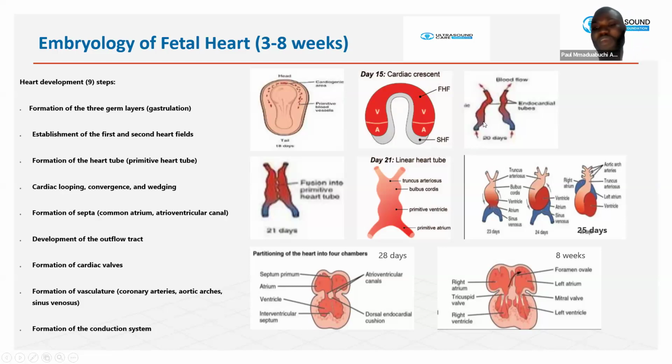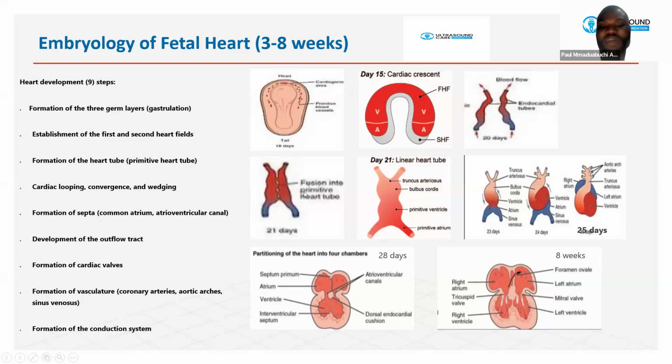So at the 28th, you start having what we call the endocardial tubes start forming, where you have this part where my arrow is being the sinus venosus and the upside being the arterial end. Here, the sinus venosus is where the blood goes in, and this is where the blood flows out.